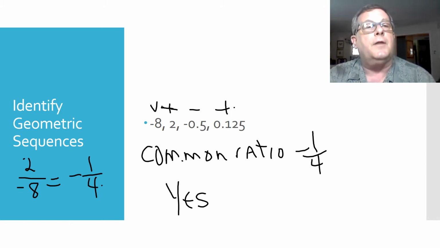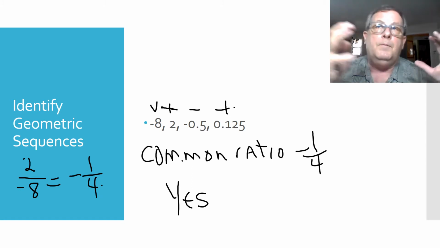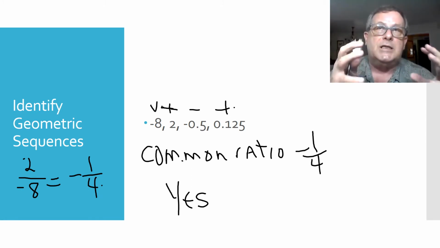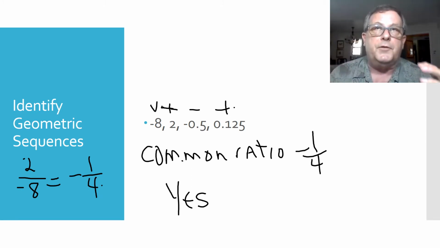Let's take a look at another one as we're trying to identify geometric sequences. Before I move on, if you're doing this on a calculator and you're having to deal with fractions, in this case we had decimals, but if you're having to deal with fractions, put those fractions in parentheses before you do your division.